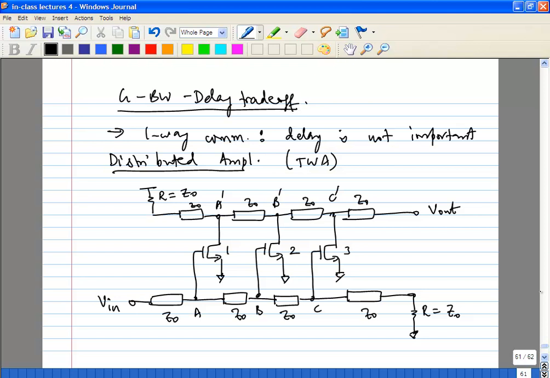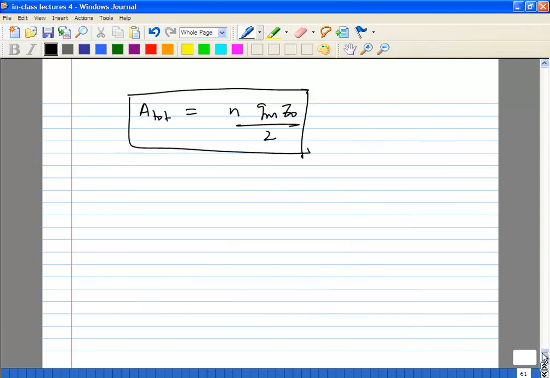So the advantage of this is that it's actually a really wideband amplifier. All the way up to FT you can get some significant amount of gain. That is the most important characteristic of this amplifier. The other thing, if you have n stages, your voltage gain is proportional to n.